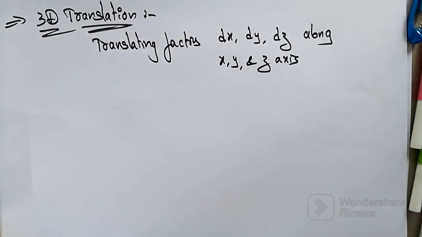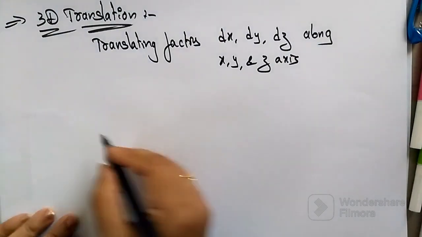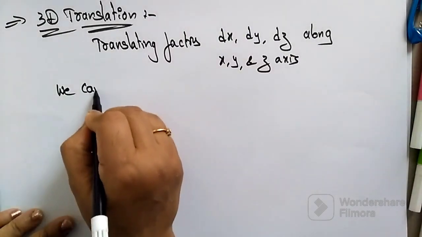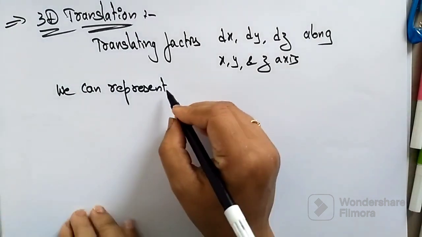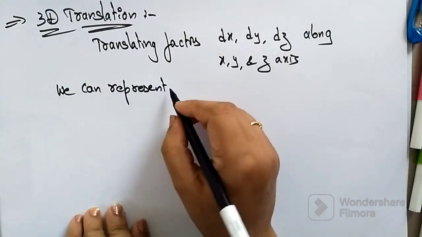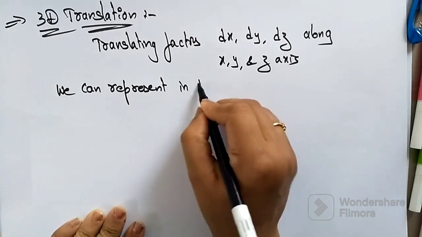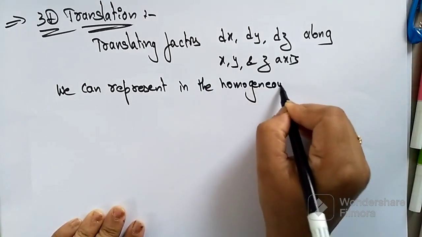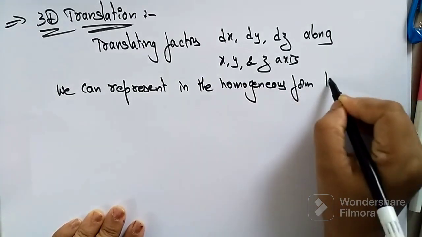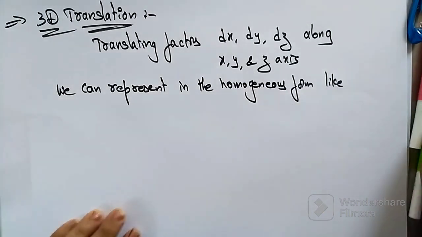Okay, so here I am directly representing this translation in homogeneous form. How can you represent it?